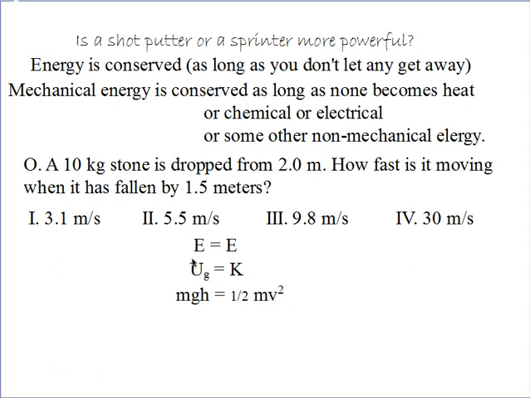This h is a tricky little number. We would like to put a 2 in for h. It's dropped from 2 meters. How fast is it moving when it's fallen 1.5? Well, in that case, if I put a 2 in for h, I need to have an mgh over here because it is still going to be up in the air by a half a meter at the end.